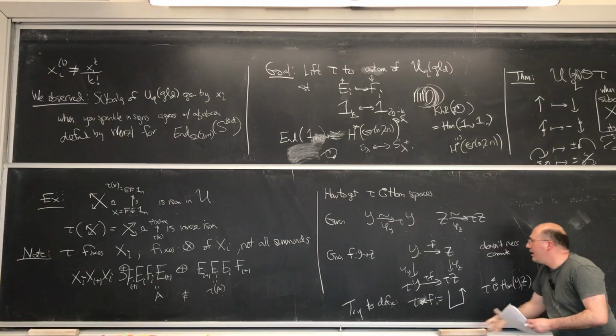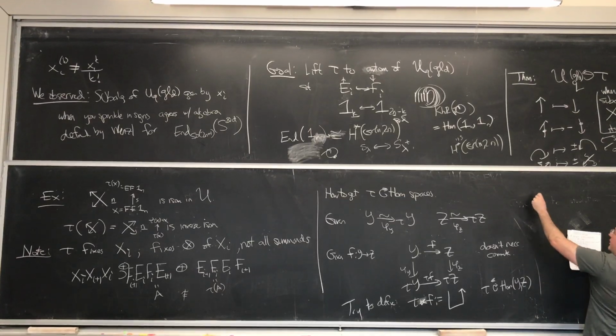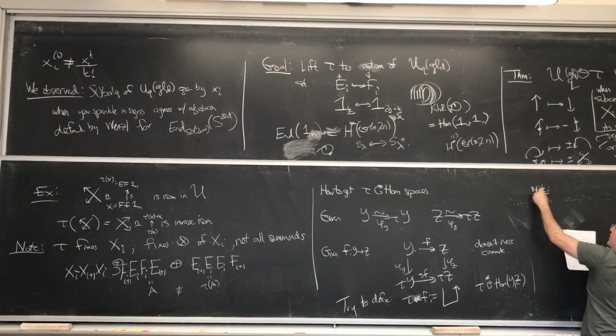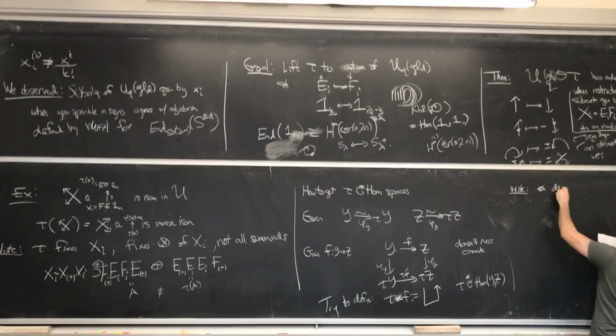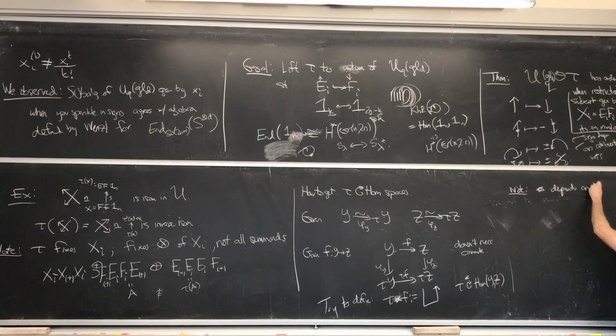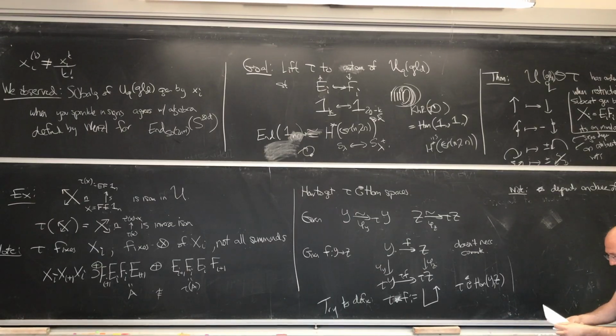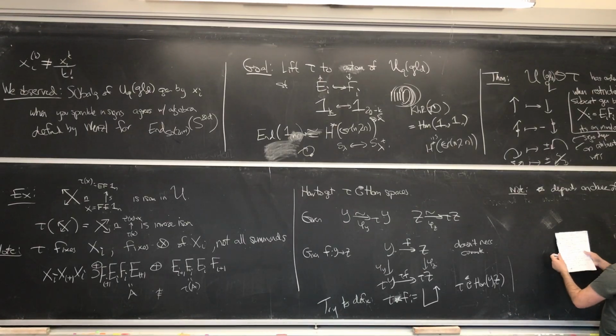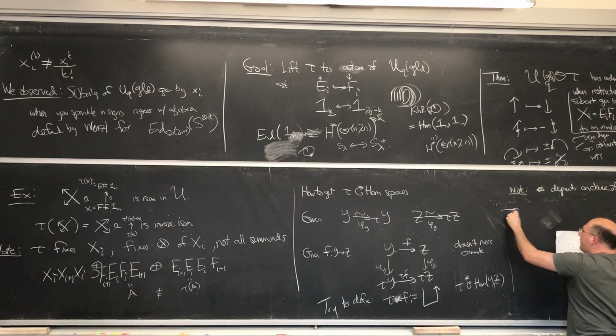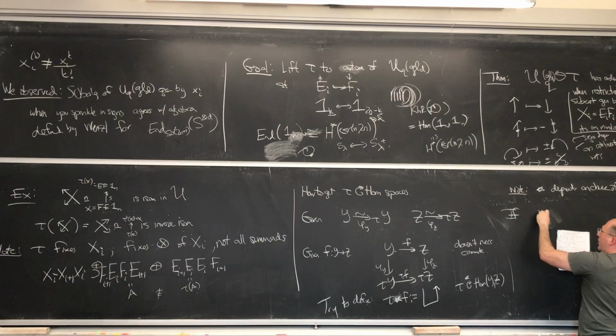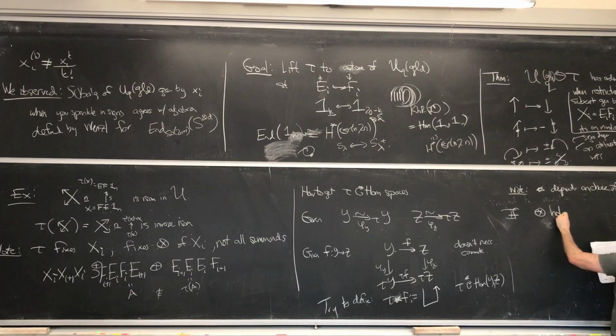Doing this more generally, note star depends on the choice of phi y and phi z. Now, if star holds, then tau star is an involution, and I'm about to define what tau is.